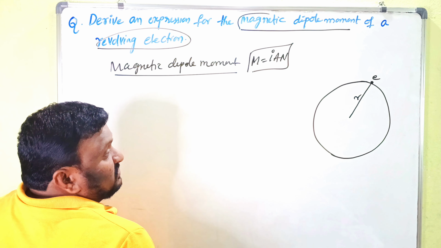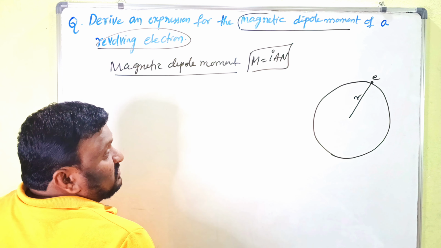For example, children, here this is the point P. Once the electron starts from this point and again reaches the same point, one revolution is completed.